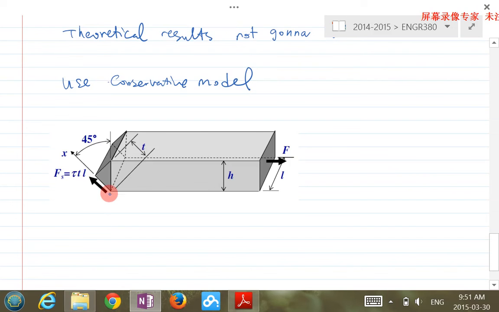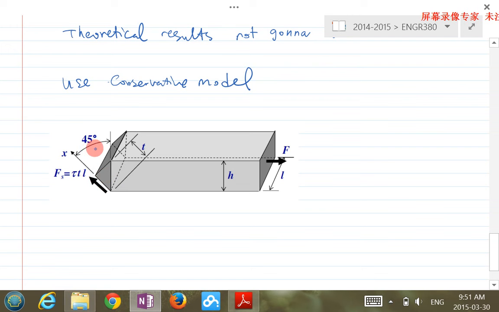So what's so conservative? We assume there is no normal stress on that cross section. We also basically resolve the whole force onto this shear stress, and this whole force is on the throat area at 45 degrees. So that's the model we're talking about here.